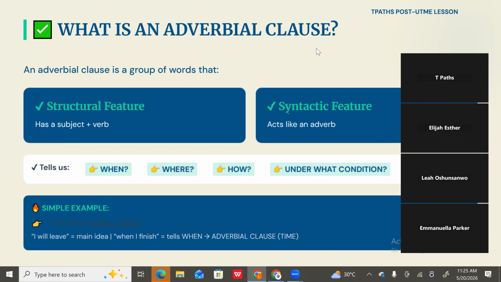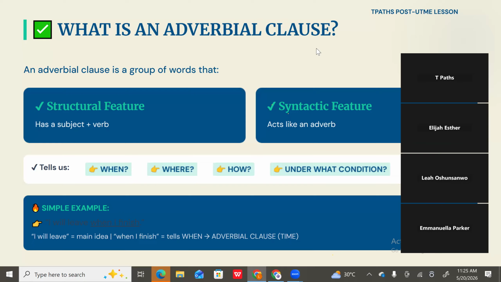That's one of the strategies you're going to use to answer these questions when you come across them. Sometimes you have to think, when did this action happen? Where? How? Under what condition does it present itself? If you can answer all these questions, I believe you can answer them correctly.